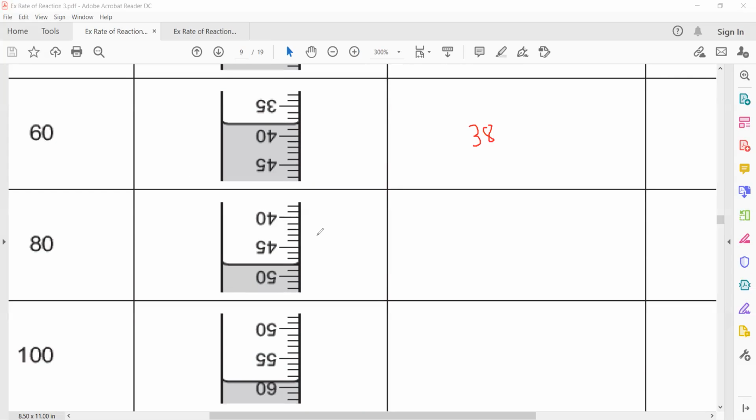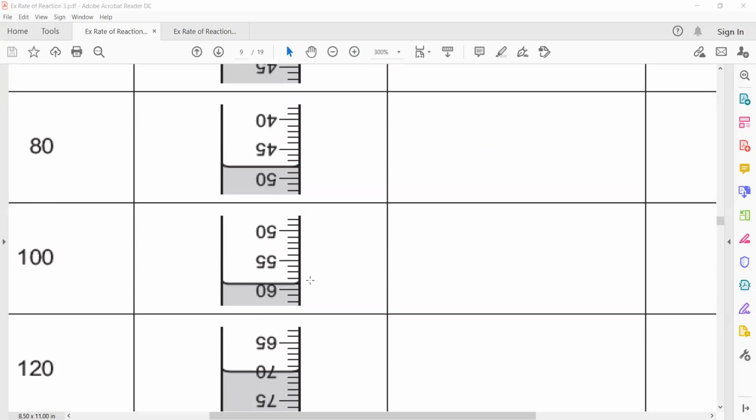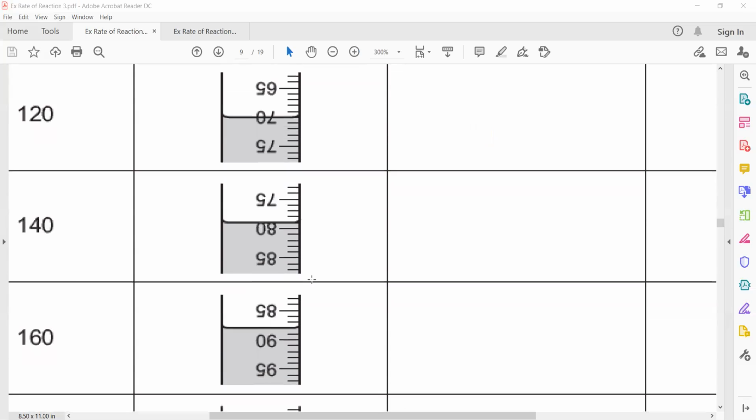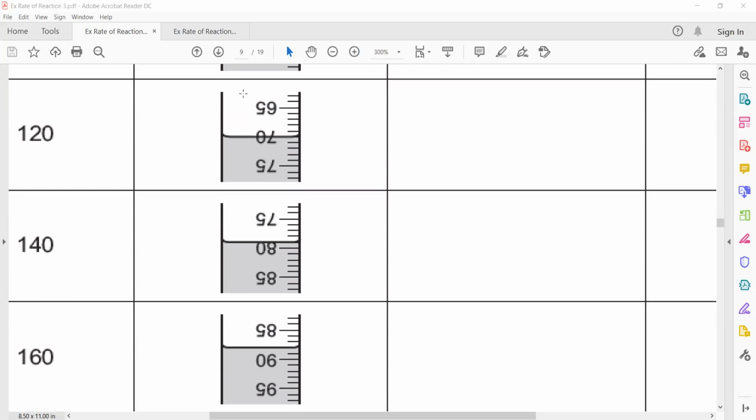After 80 seconds? 18. And after 100 seconds? 39. Then after 120 seconds, means after 2 minutes?